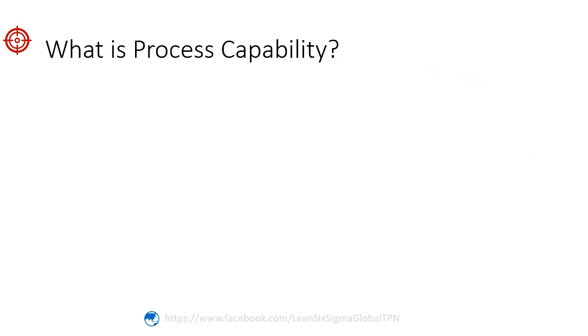So what is process capability? Process capability is the ability to produce products or provide services that meet specifications defined by the customer's needs. For example, a manufacturer of photocopiers requires that the width of a rubber roller must be between 32.523 and 32.527 cm to avoid paper jams.